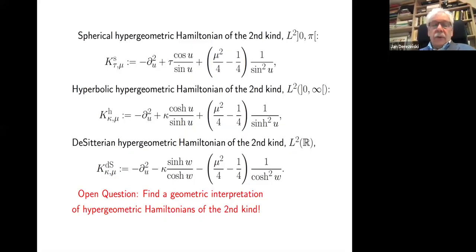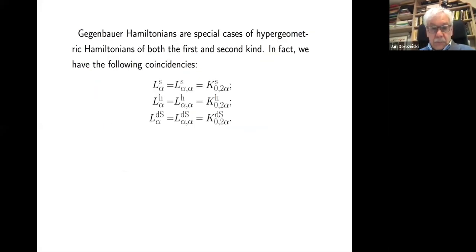Again, we calculated Green functions, which I will not give. You have various identities. You have coincidences, which are listed here. So if you take the same parameters in the Hamiltonians of the first kind, you get the Gegenbauer Hamiltonian. If you put 0 here in the second kind, you get again a Gegenbauer Hamiltonian.